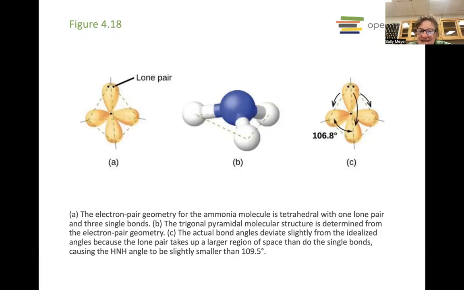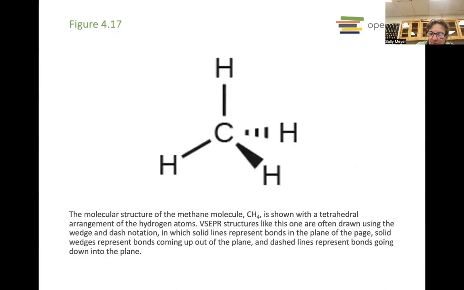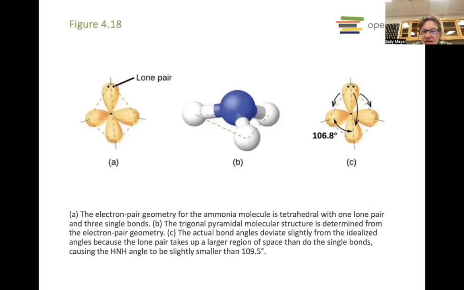And so it has a geometry similar to methane because it has 4 pairs of electrons, but we're going to name it based on where the atoms are, not the electrons. The electrons will help give it its geometry, but we name it based on where the atoms are.